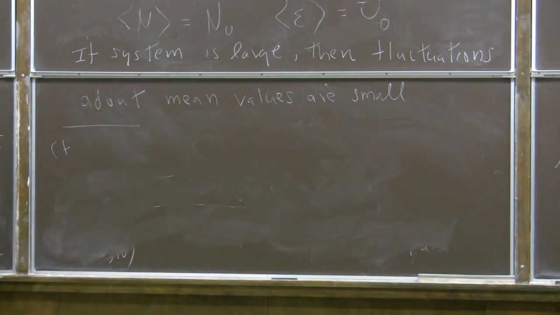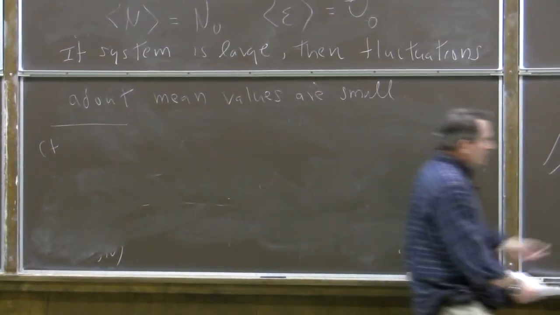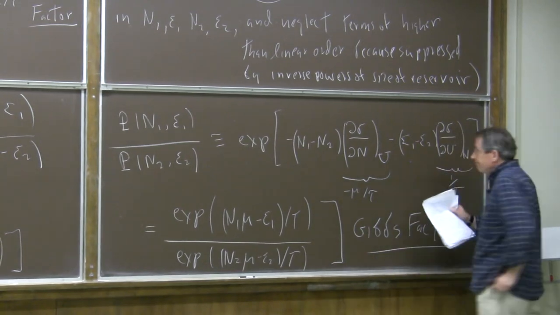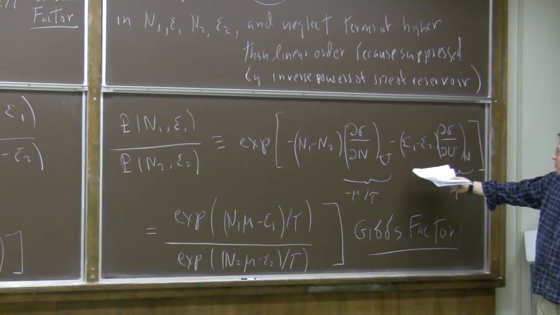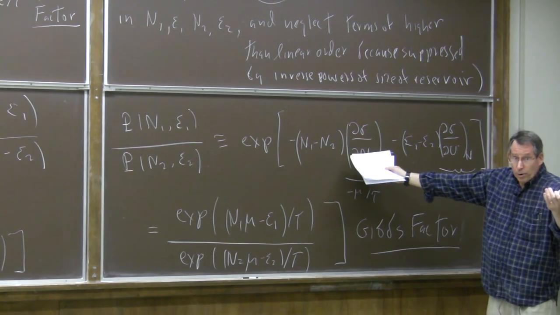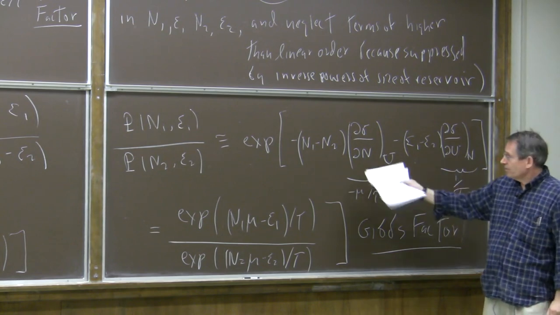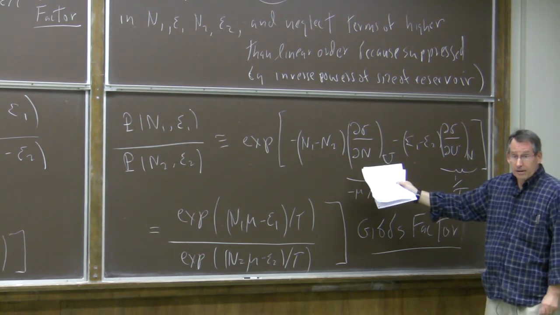Okay? So here, when I'm talking about the chemical potential in the context of the Gibbs probability distribution, here's where it arose. We considered how the number of states of the reservoir changed when the particle number and energy of the reservoir vary.